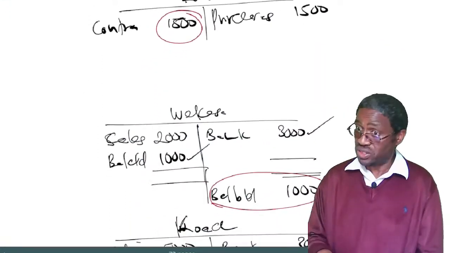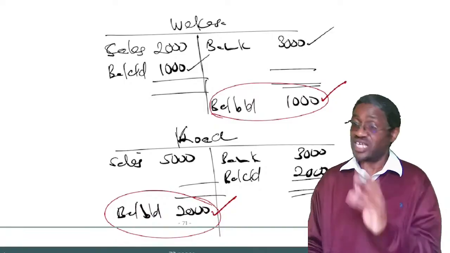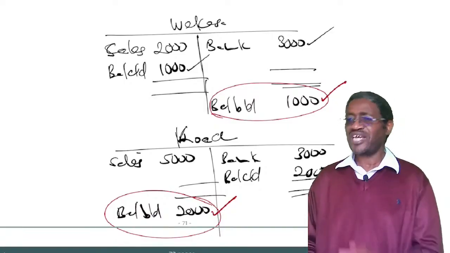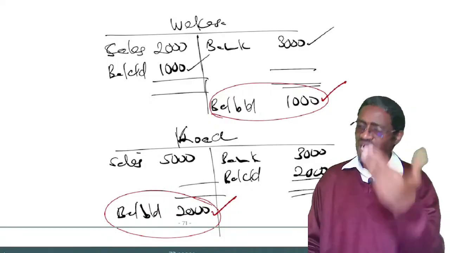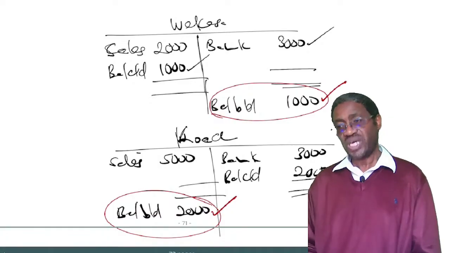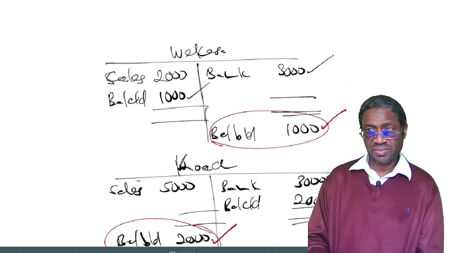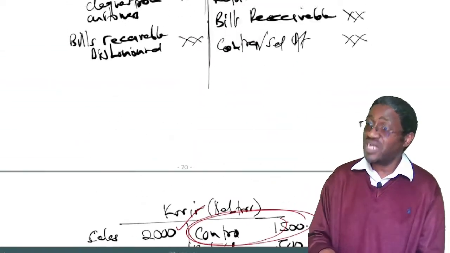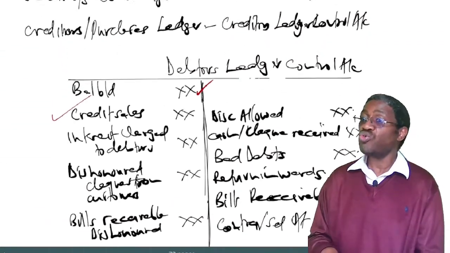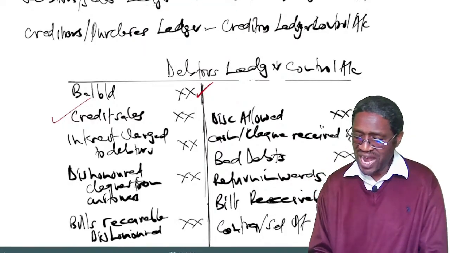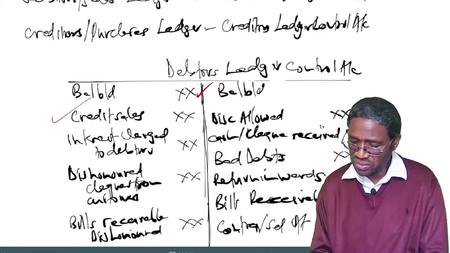Now, we can see again that it is possible that you may owe some customers, some of your debtors, like here Wekesa. We are not demanding from Wekesa now, like we were demanding from Koech. Instead, we owe Wekesa 1,000. Now listen, it means therefore that by the beginning of the year, you could also have another balance brought down.